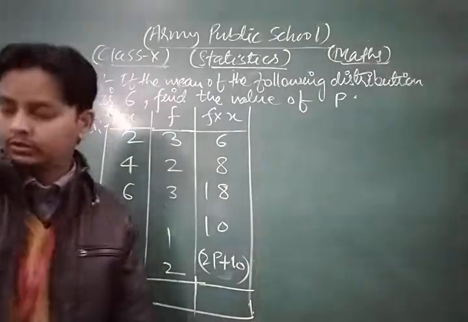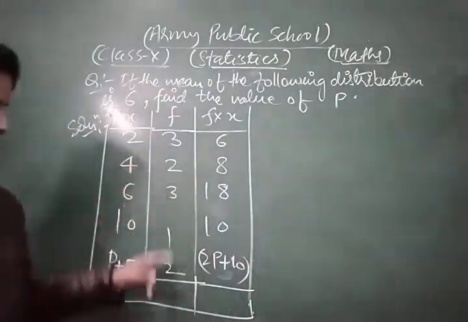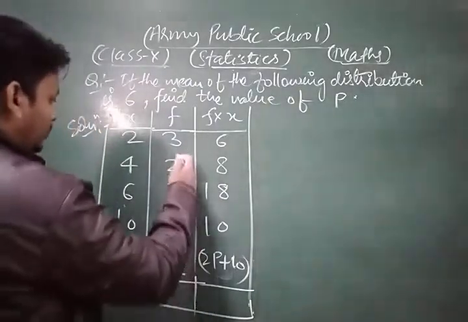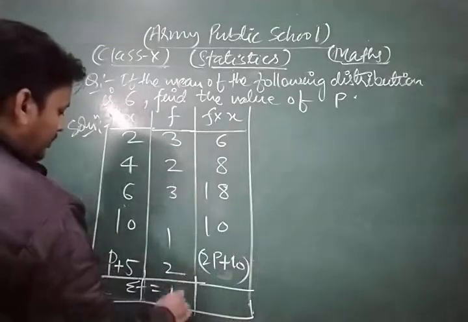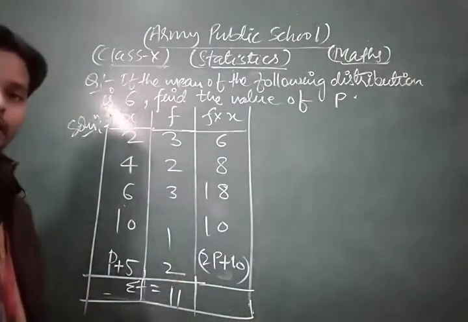Now we just add them. We find sigma f: 3 plus 2 plus 3 plus 1 plus 2 is 11, so sigma f is 11.